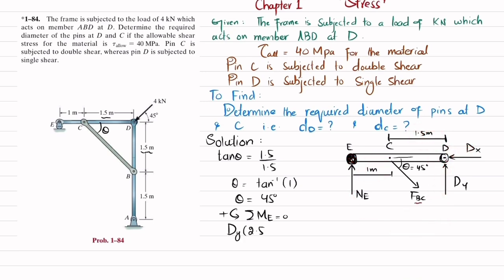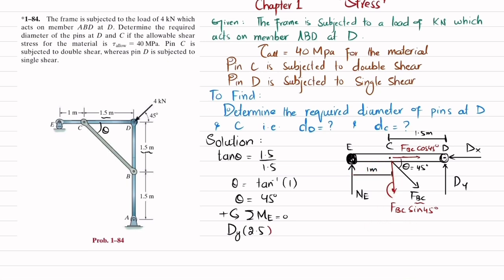Now you can see this FBC will have two components, one along the x-axis, along horizontal, clear, and if you resolve it into its rectangular components, the other one will be a vertical component. So this component will be equal to FBC sine of 45 degrees, and this component will be FBC cos of 45 degrees. Since this horizontal component is passing through point E, it is not producing moment, so only the vertical force is producing moment, and this force into perpendicular distance 1 is producing clockwise moment, so it will be negative.